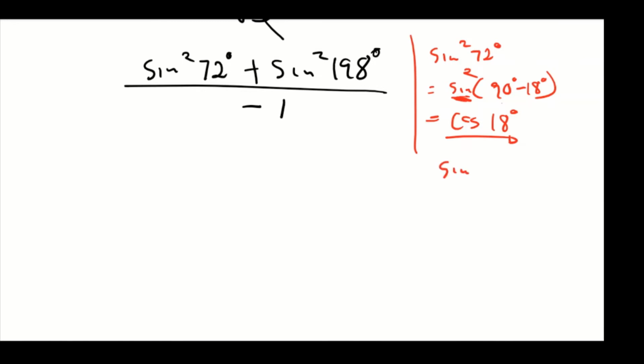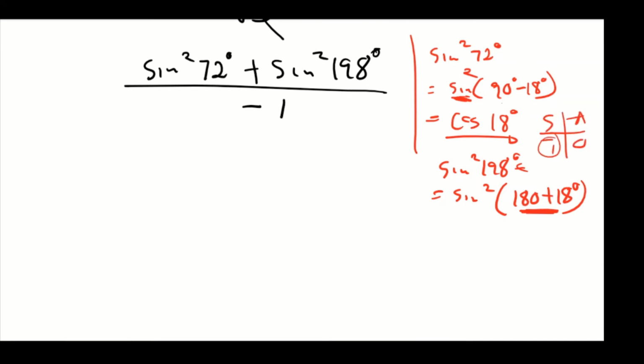Then we reduce the sine of square root of 198 degrees, which is equal to sine of square root of, we're going to use 180 here, so it's going to be 180 plus 18 degrees. It's going to give you 198, right? So this is in the third quadrant where only tan is positive, meaning that the sine is going to be negative.